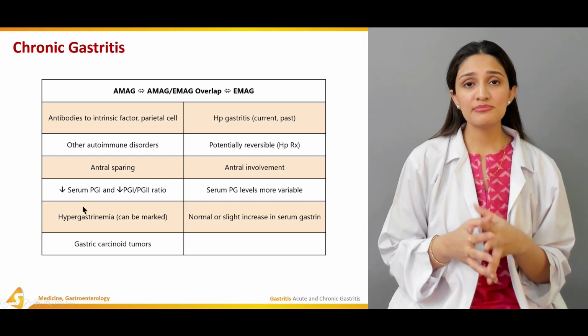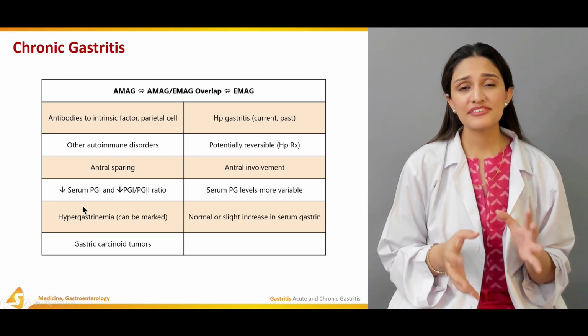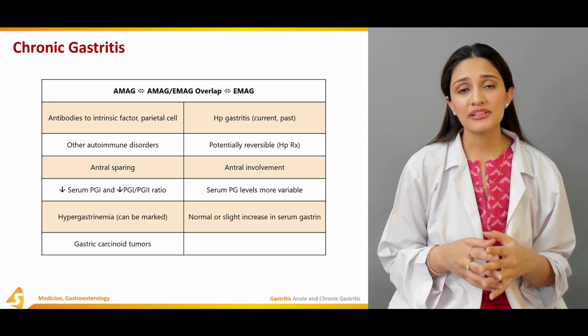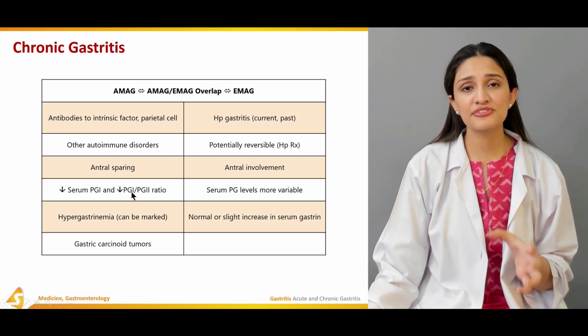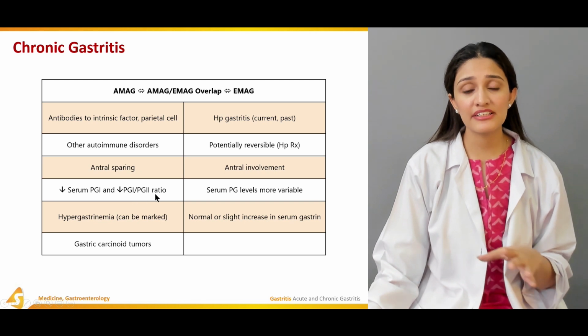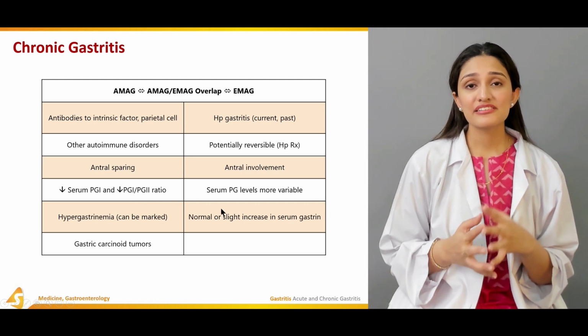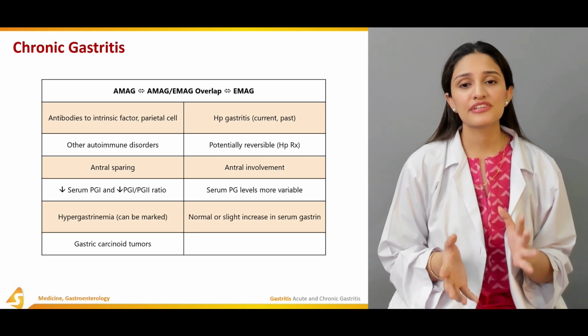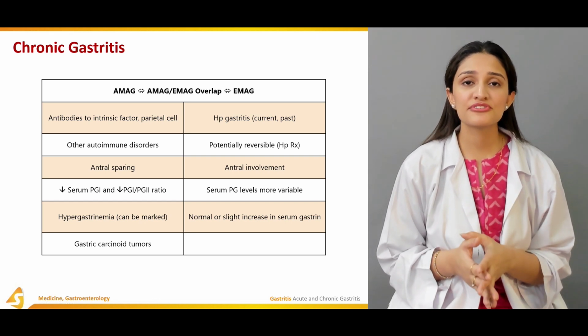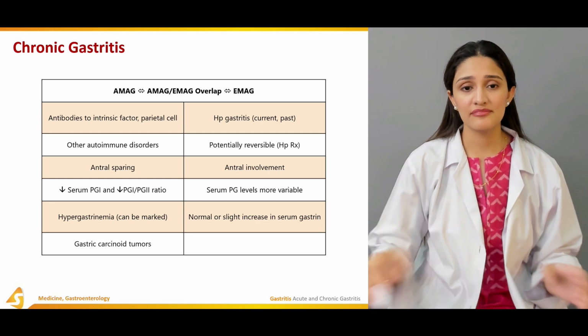So the autoimmune atrophic gastritis has a very low serum pepsinogen 1, and the pepsinogen 1 to 2 ratio is very low, whereas it is the complete opposite with environmental atrophic gastritis, where the serum pepsinogen levels are very high.